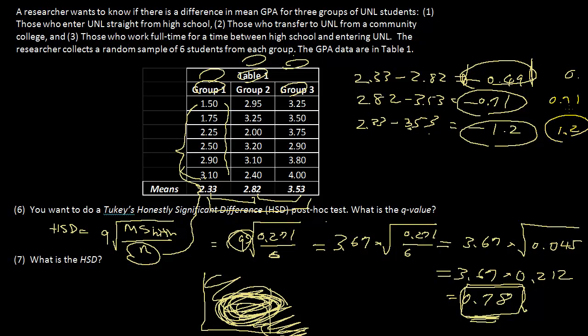From these, only this one is larger than 0.78. So I would conclude that only this mean difference, between group 1 and group 3, was large enough in this scenario.